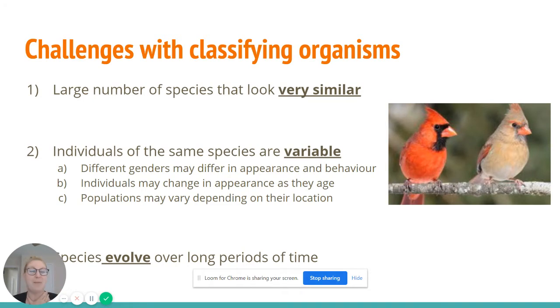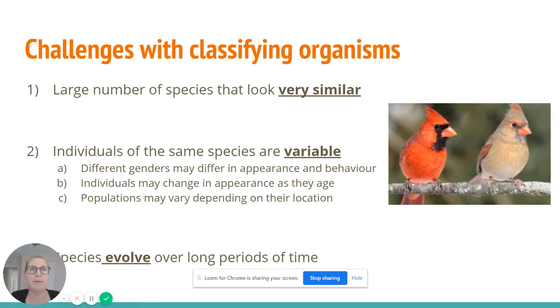A second problem that makes it difficult to classify things is that even within a species, there are members who look different or act different from one another. I mentioned different genders here. Male and female, we see this a lot in birds, but also across the animal kingdom. With birds, the male red cardinal looks very different from the female.